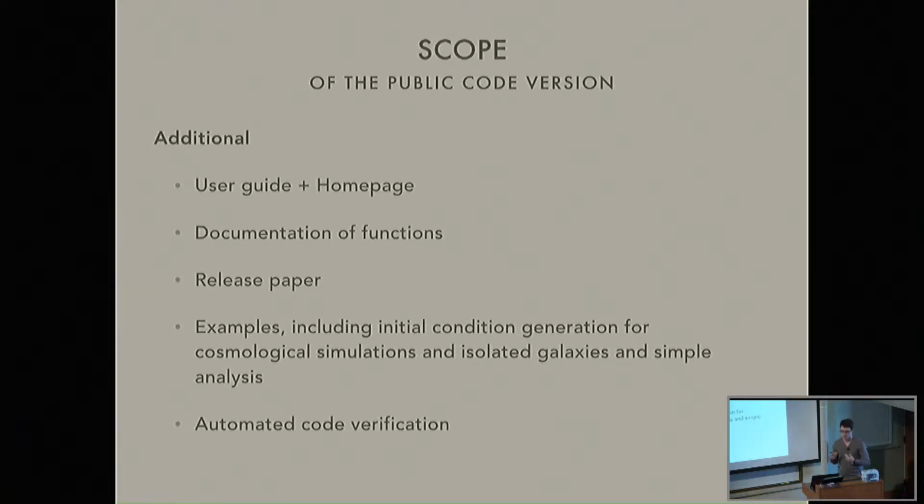And one thing that I've introduced there also is that these examples are used for automatic code verification. That means whenever the code is changed, somewhere in Munich there is a computer running all these tests and checking whether the code is still giving the same results or not.